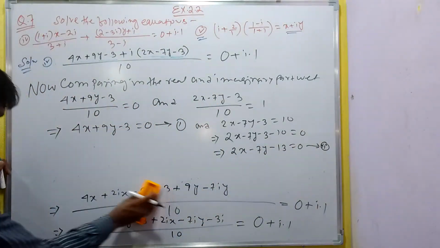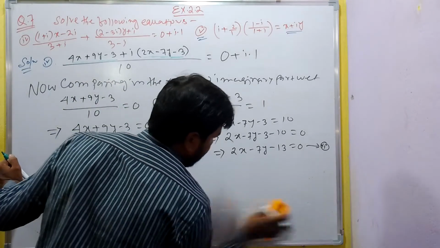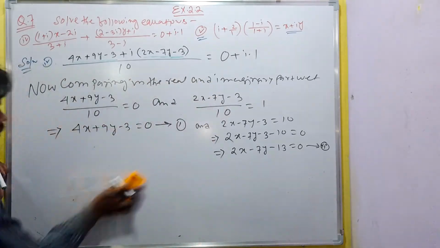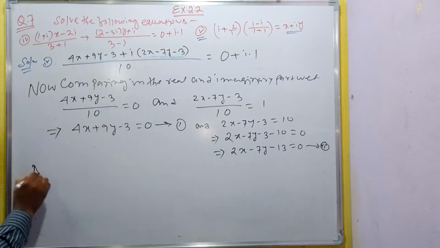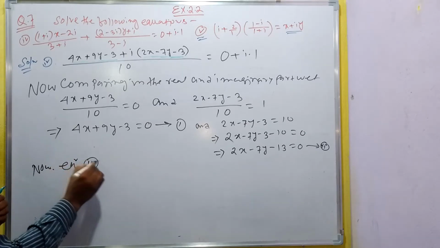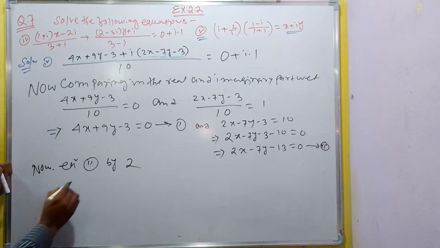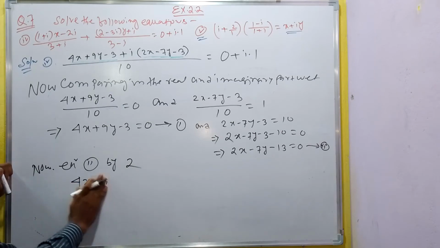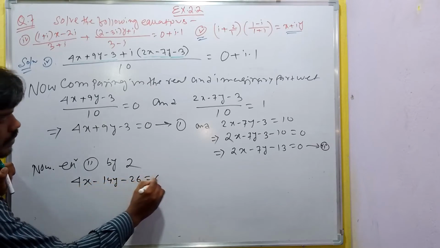Now you have to multiply equation number 2 by 2. So what happened? 4x - 14y - 26 = 0.